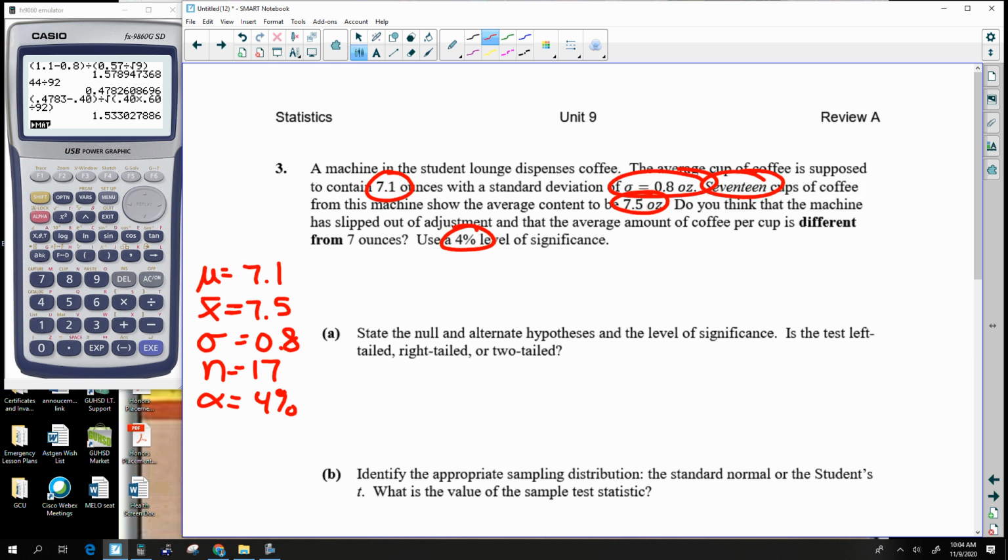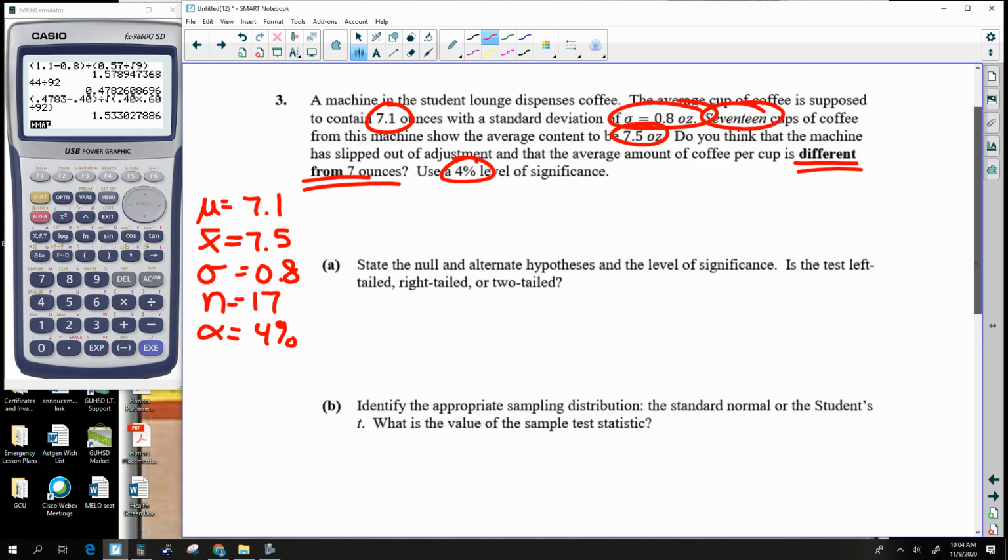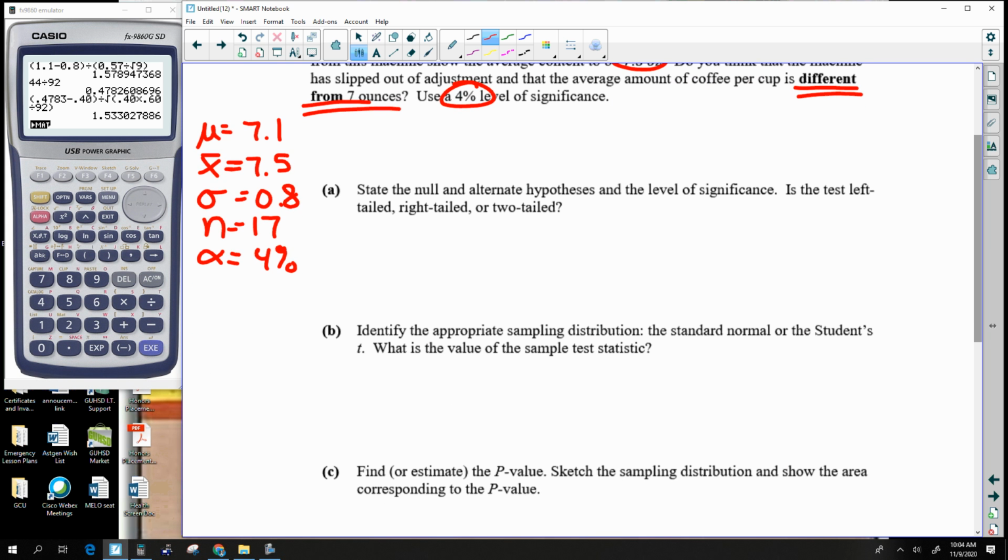And we're noticing that is it quote unquote different from 7.1 ounces? That means is not equal to, so this is going to be a two-tail. All right, so the null says that the average is equal to 7.1. Alternate says that the average is not equal to 7.1.